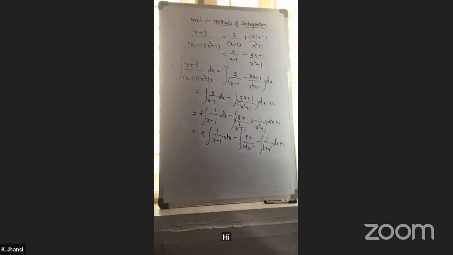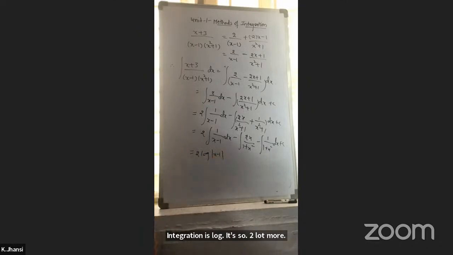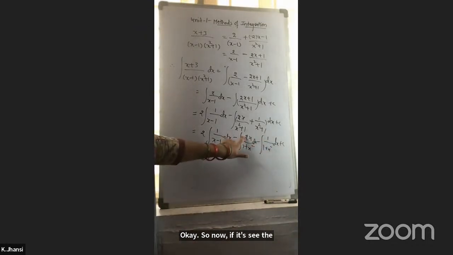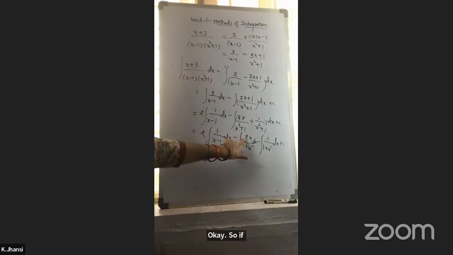Okay, so now it is in the form of 1 by x into dx. The integration of 1 by x dx is log x. So 2 log mod x minus 1. Okay, so now if you see the second one, it is in the form of f dash of x by f of x. So f of x is 1 plus x square, and its differentiation is 2x.